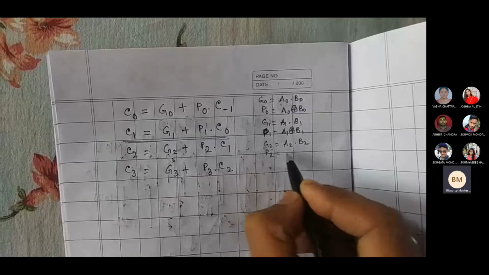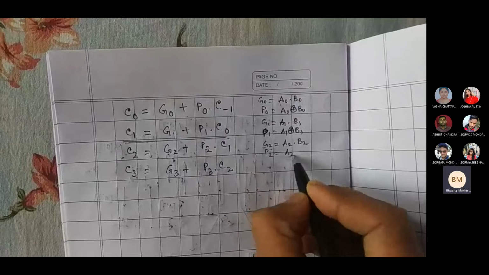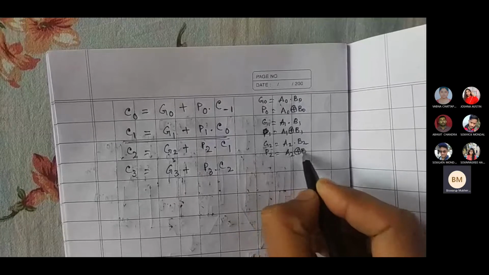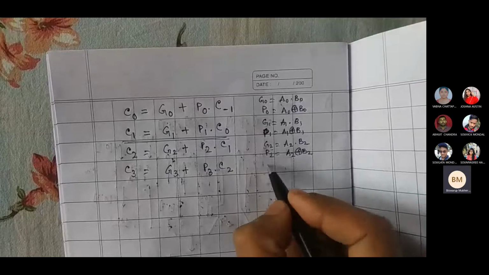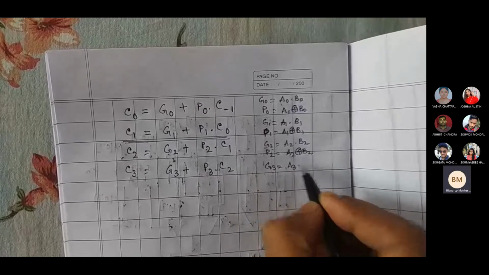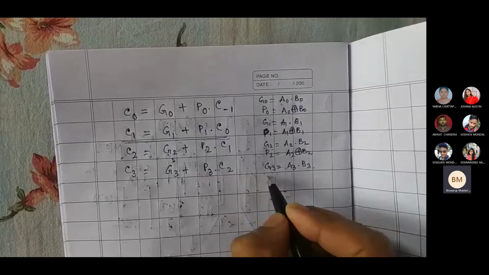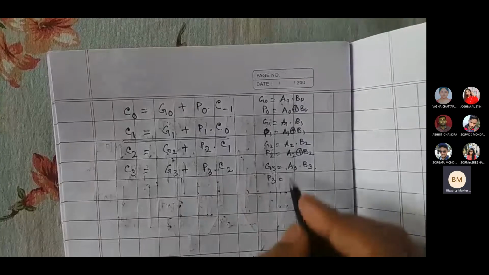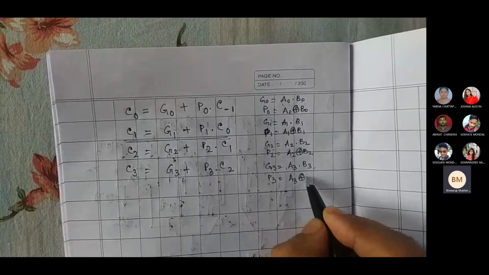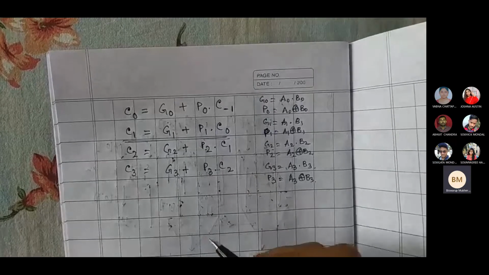P2 is equal to A2 XOR B2, right? Similarly, G3 is equal to A3 dot B3 and P3 is equal to A3 XOR B3 and so on, right?